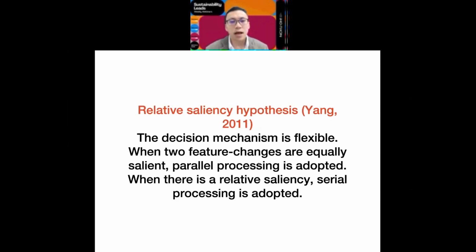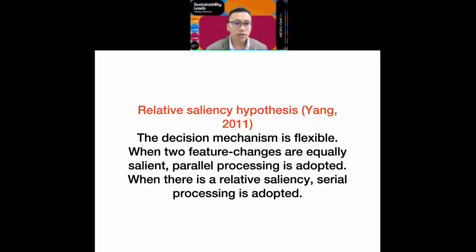I will not jump into the details of the results. I will just give you the conclusion of the studies. According to the results, we propose a hypothesis, the so-called relative salience hypothesis. The relative salience hypothesis means the decision mechanism is flexible.